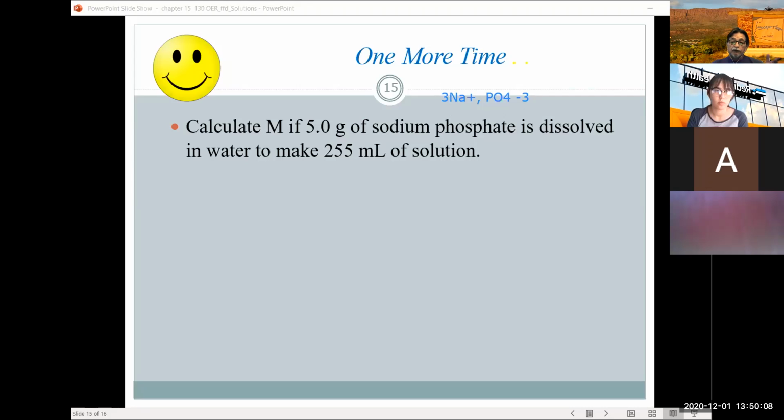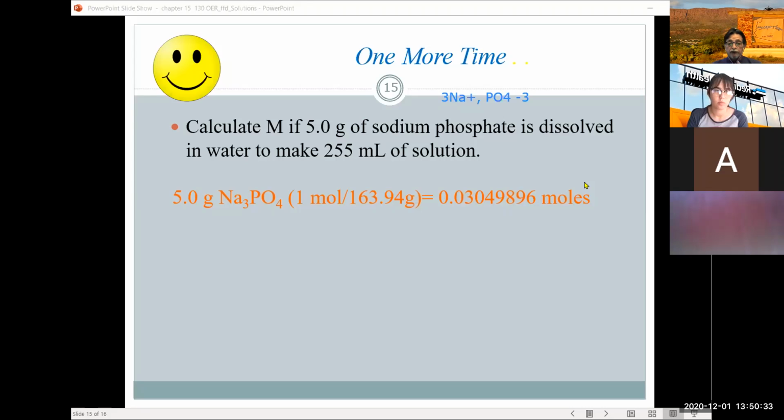Once I have the formula, now I can determine the molar mass, because I have 3 sodium, 1 phosphorus, and 4 oxygens. Look up the atomic weights of each one and sum them all up, and we should end up with 163.94 grams per mole for sodium phosphate.